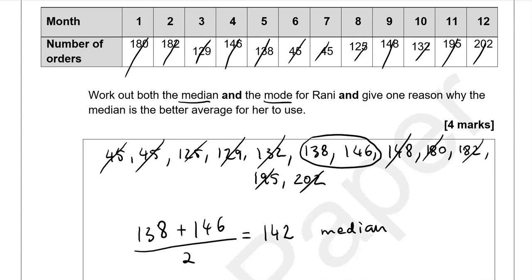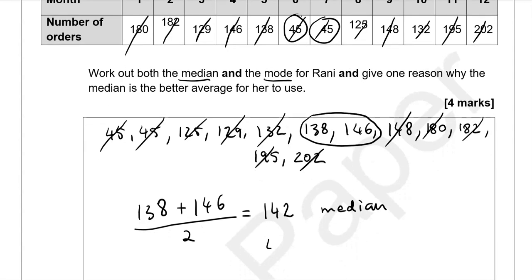Looking at the mode, which is the number that occurs mostly, well, the only number that repeats itself is 45. So mode is 45, which is too low, is the lowest value.